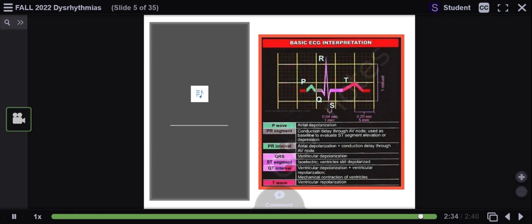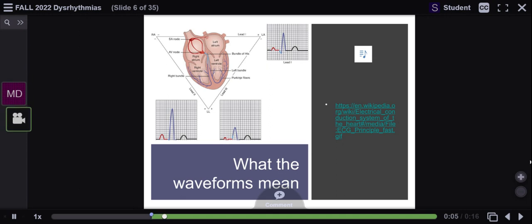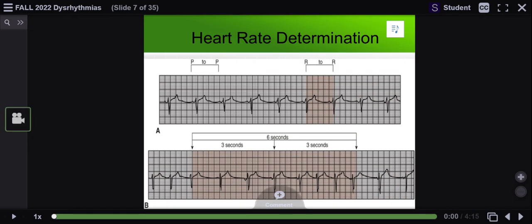So again, P atria, QRST ventricles. This will give you a link of what the waveform means.